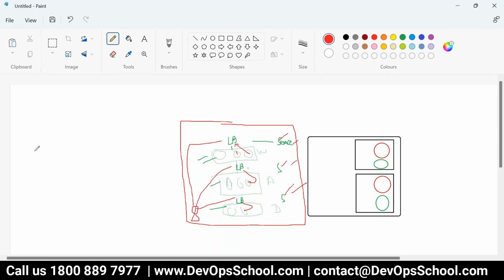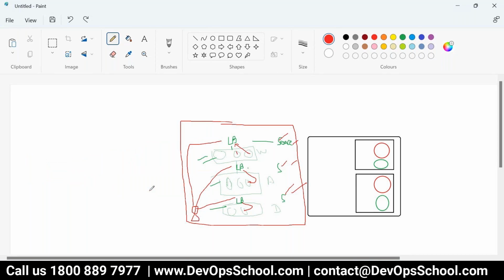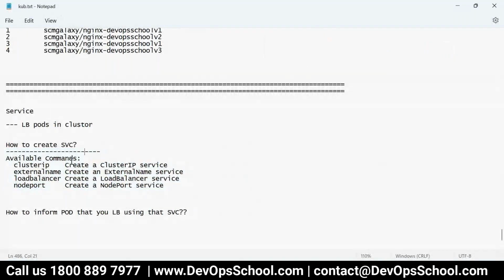These people outside, I told you, cannot access this service. So what do we do in this case? Let me put it in a very simple way, not complicating.